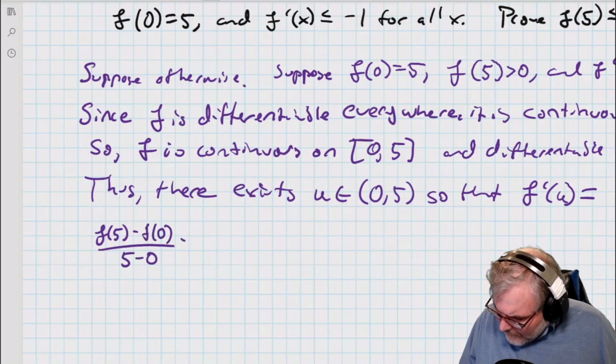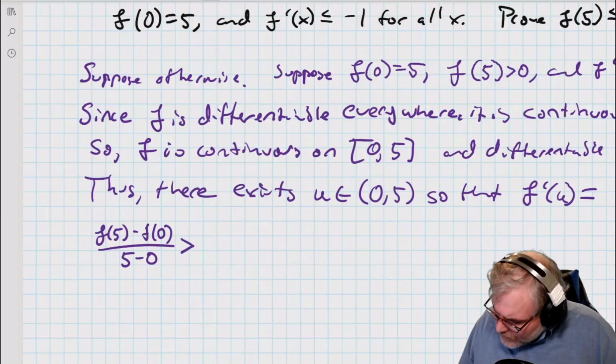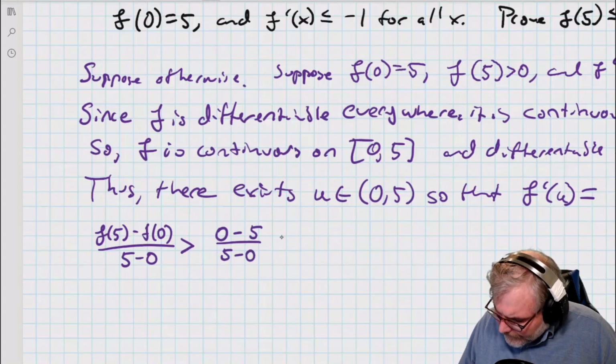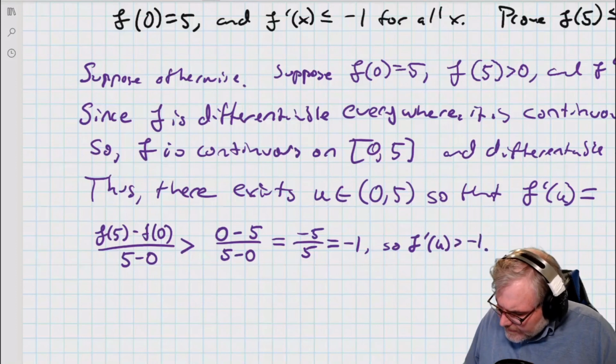And I know that f of 5 is greater than 0. That was my assume otherwise. So on the top, I'm going to have 0 minus 5 all over 5 minus 0. So that's going to be -5 over 5, which equals -1. So f prime of u is greater than -1.